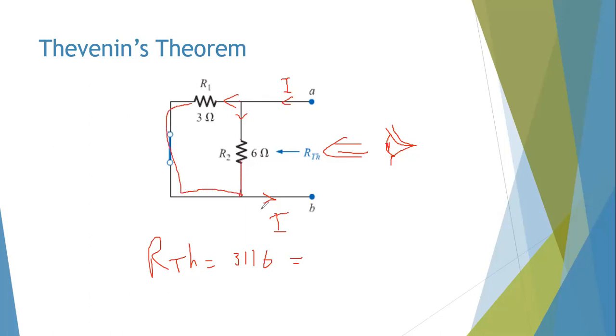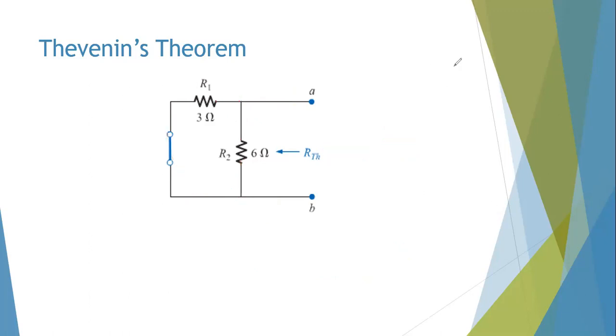So the two resistors are in parallel. If you take product over sum, you get 18 over 9, you get 2 ohms. So your RTH will be 2 ohms. That's the first step which we've said. I hope it's clear. Very simple example, just to illustrate the application. So RTH is equal to 2 ohms. If you don't get it, just let me know and I can explain again.